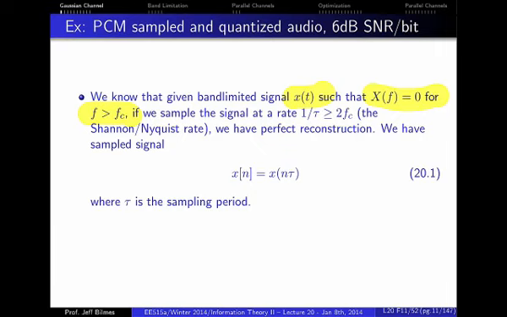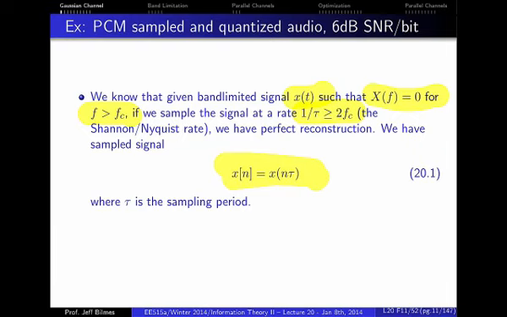It's a band-limited signal. Then as long as we sample at a rate of 1 over tau greater than 2 times Fc, which is the Nyquist rate, then we have perfect reconstruction, and we get our sampled signal in this following way, where essentially every tau seconds we just look at a sample. Tau, again, is the sampling period. So that's basically the fundamental Nyquist theorem.